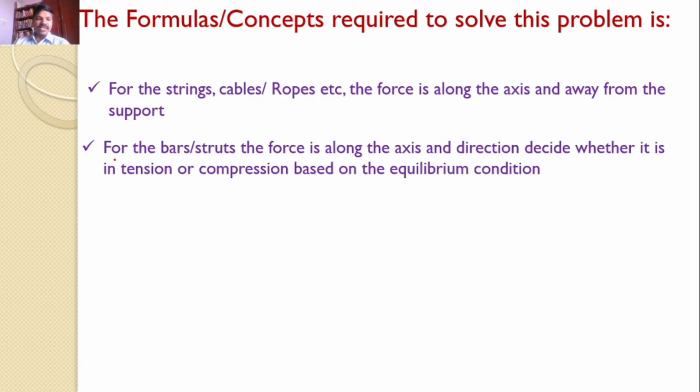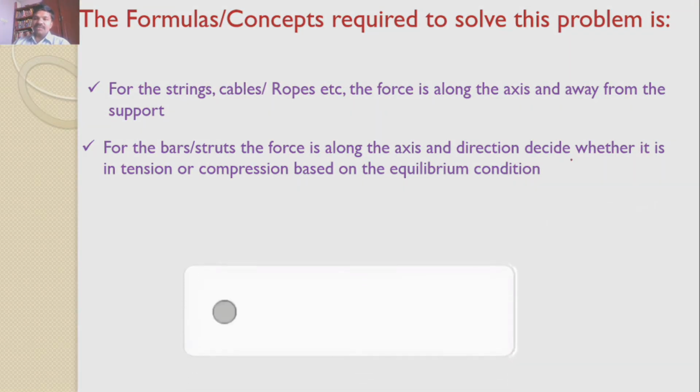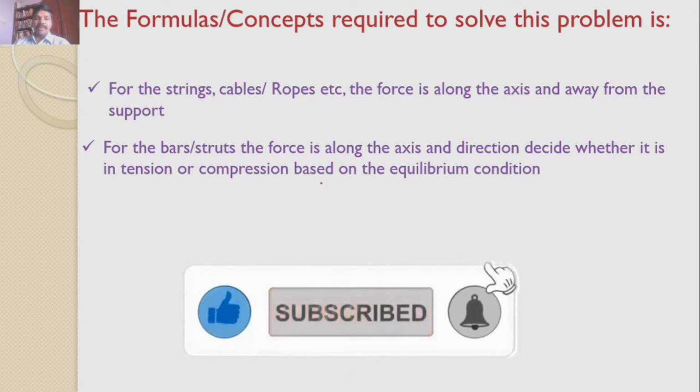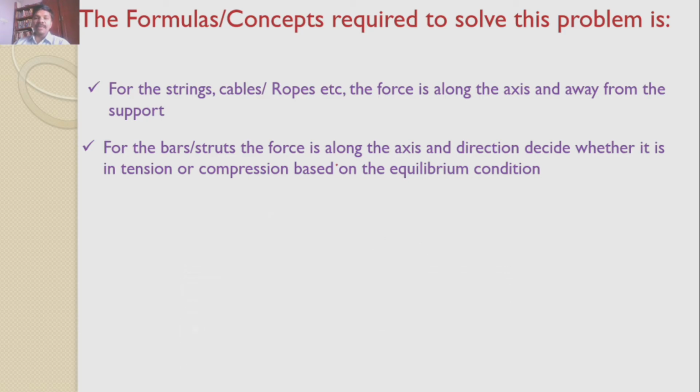Similarly, if the system contains any bars or struts or booms, the force is along the axis, and whether it is a tension or compression is decided based on its equilibrium condition.